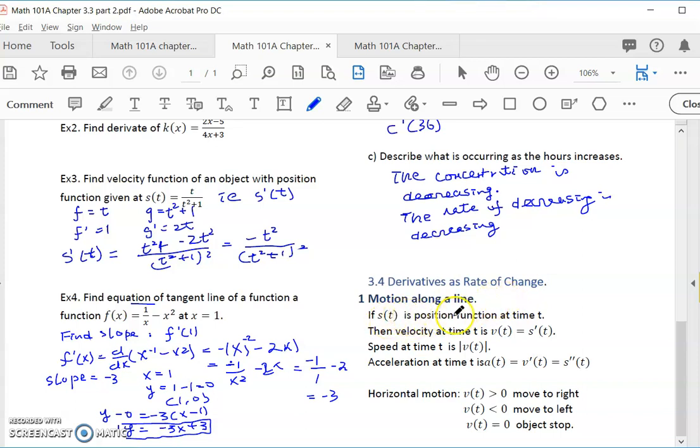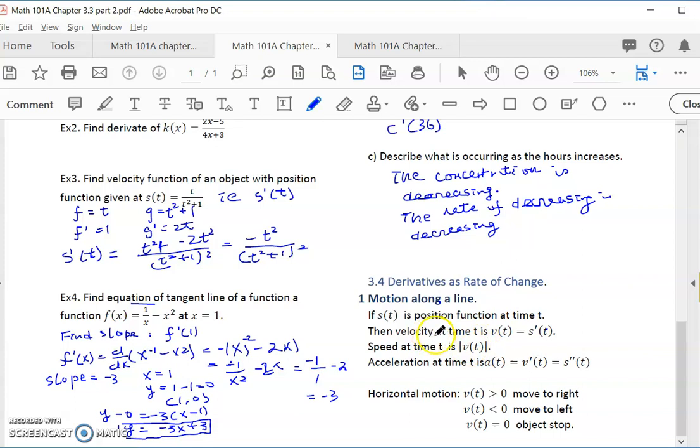So s of t would be the position function that represents the location of the vehicle or the object at time t. Velocity we know is s prime of t. So if we do a derivative of s of t, then you have velocity. The speed, that means how fast that particular car or object is traveling, is the absolute value of velocity.